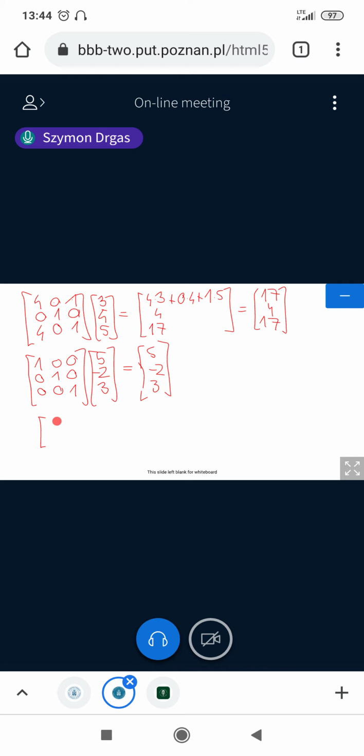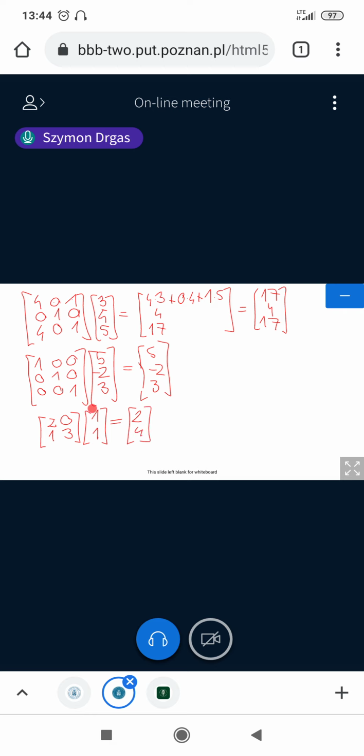Finally, we have this example with a 2 by 2 matrix multiplied by 1, 1, and then we have 2 and 4.